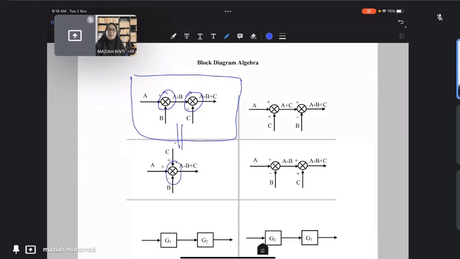Or if you see one summation point, but you want to separate it into two summation points, you can also do that.